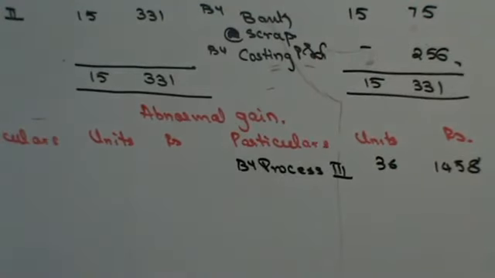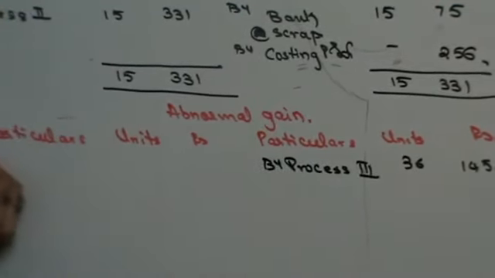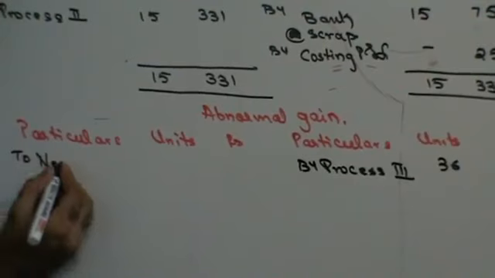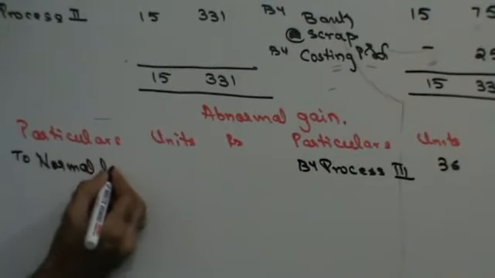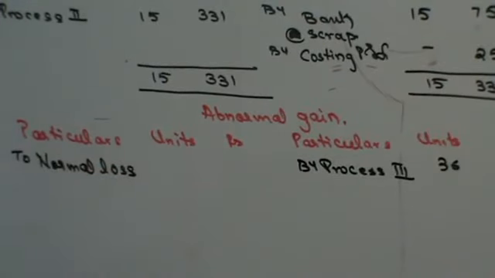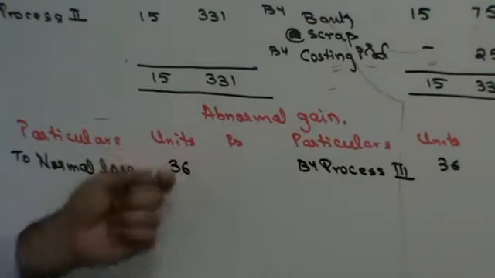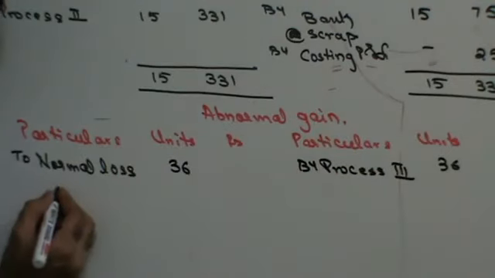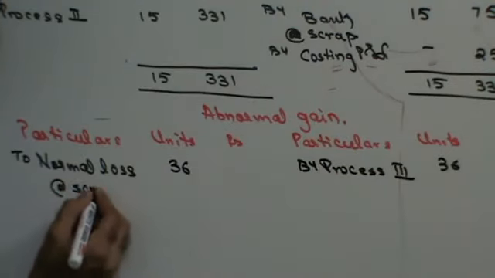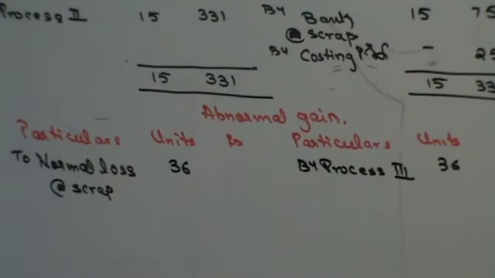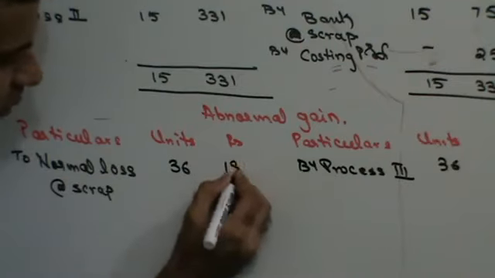How do I tally this? To tally this on the debit side, you will write to normal loss. Please pay attention here. You will write the number of units as it is. At 36 units there, I am writing 36 units here. This will also be at the rate of scrap. Now the scrap for process 3 was 5 rupees. 36 into 5 is 180.